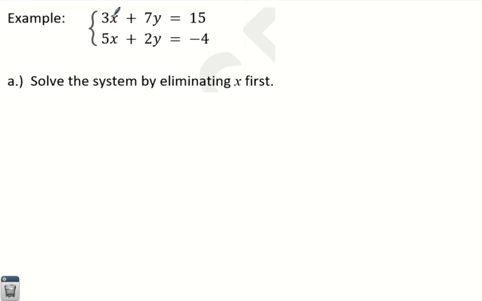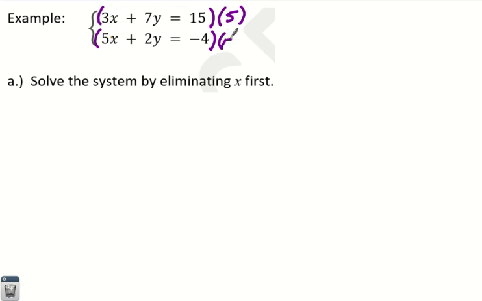So what I'm saying here is we can multiply the 3x along with the rest of this whole equation by 5. And the second equation I'm going to multiply by 3. But again, if this is going to become a positive 15x, I need this to become a negative 15x.